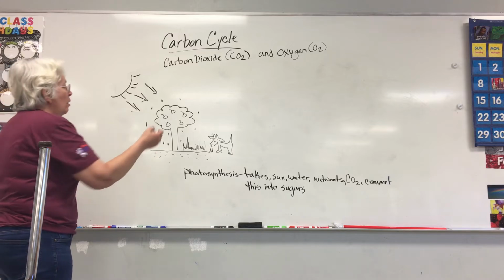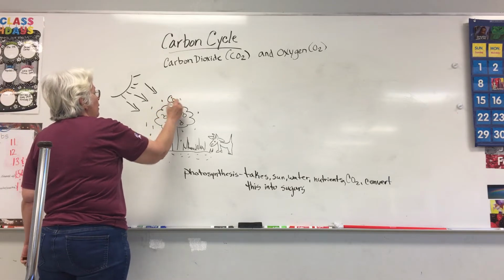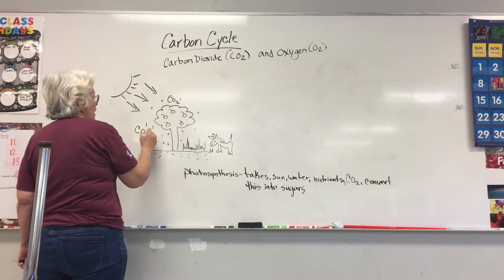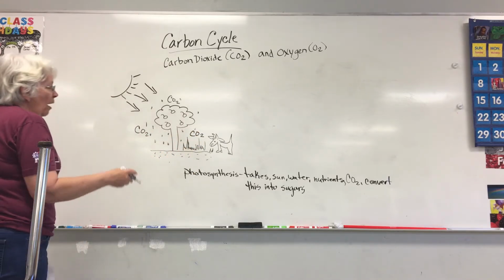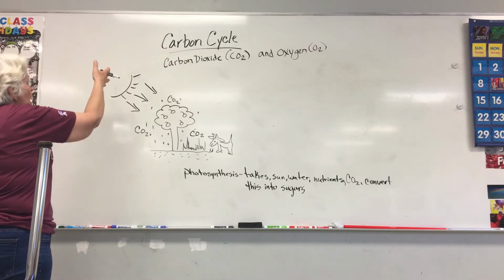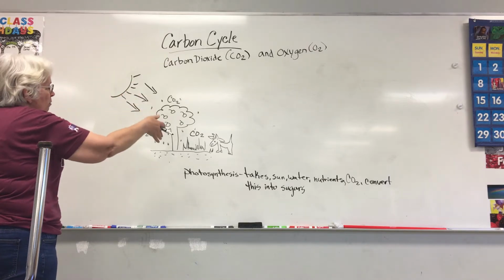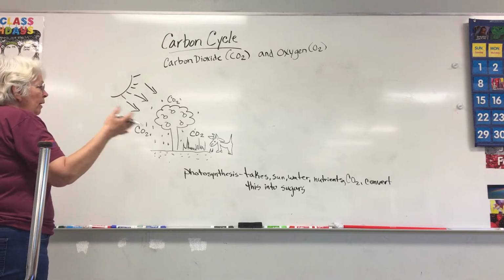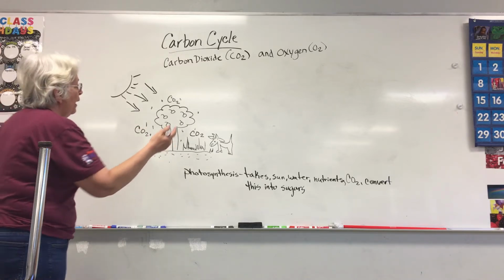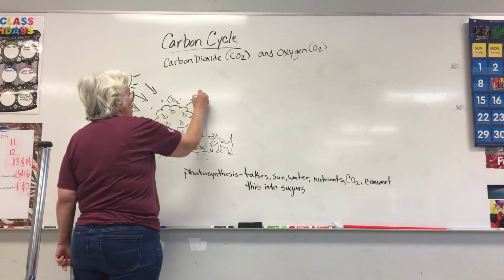And so, these plants are taking in CO2, and during this photosynthesis of making these sugars from the sun and the rain and the CO2 and the nutrients in the soil, the byproduct of that is oxygen, O2.